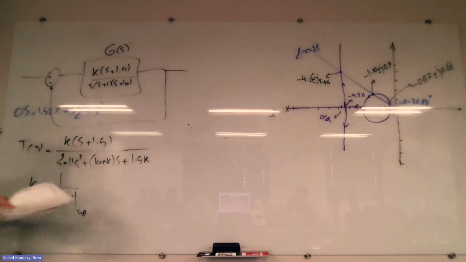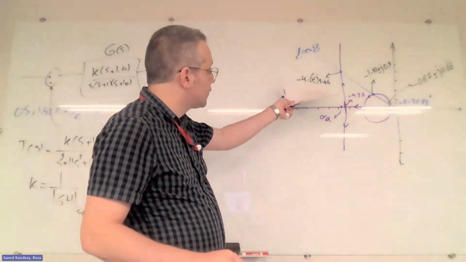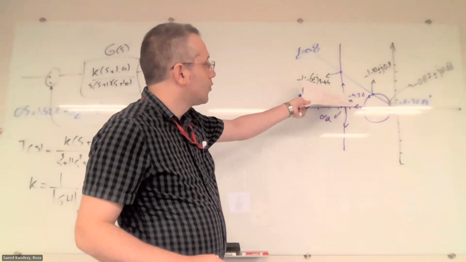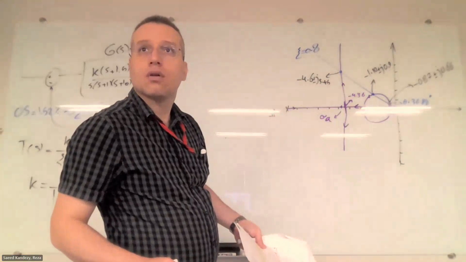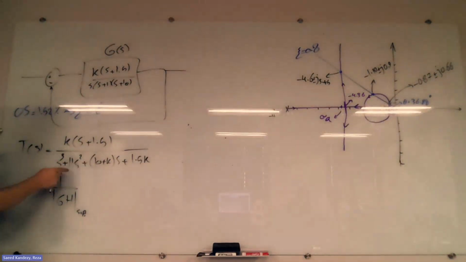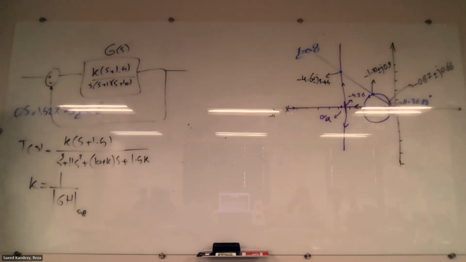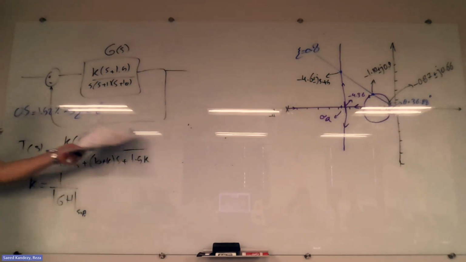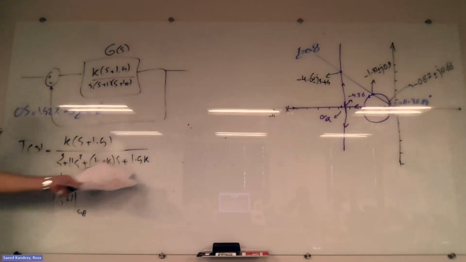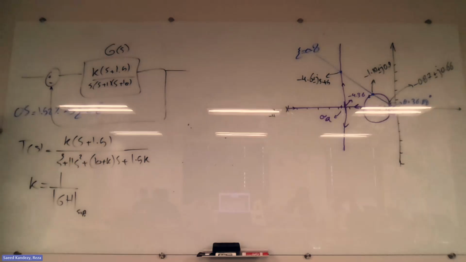So if we have a pole, for example, minus 4 j 3.45, that means if we put that number in our transfer function instead of s, we can find the value of the denominator, sorry, 1 plus KGH.